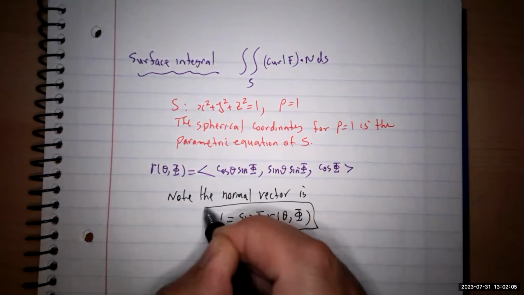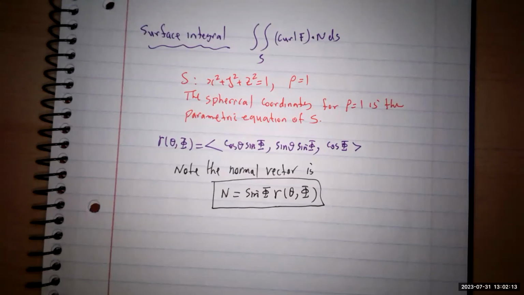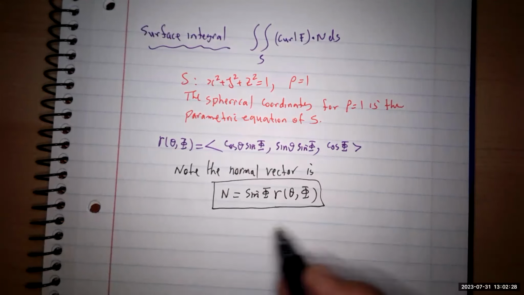So anytime you need it, you can use it. Otherwise, it takes all your time to find it. So this is going to be your normal vector. You can multiply by r of theta, which is over here, to get your function, or just keep it as is.